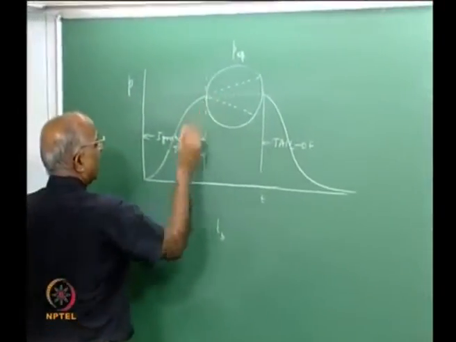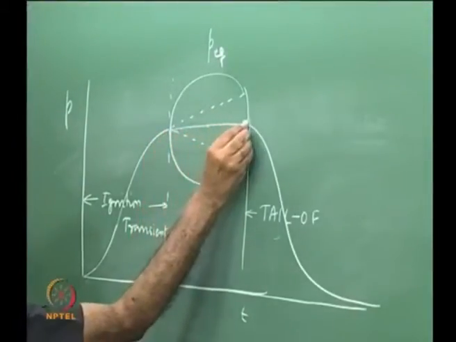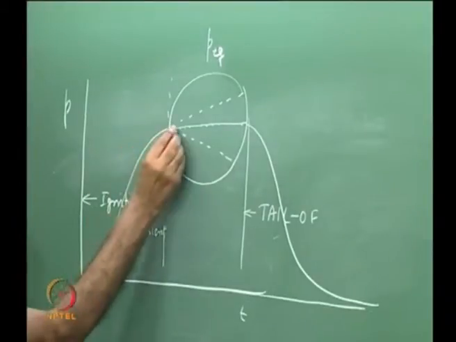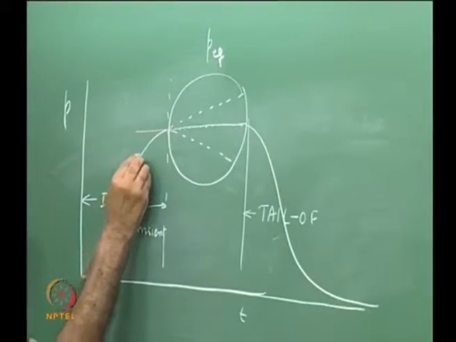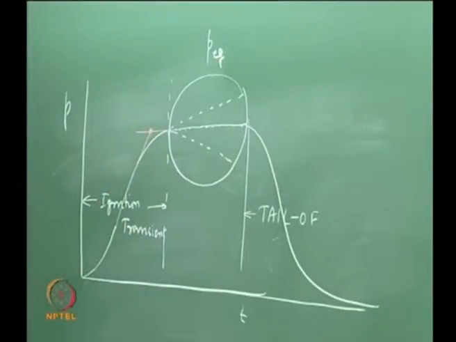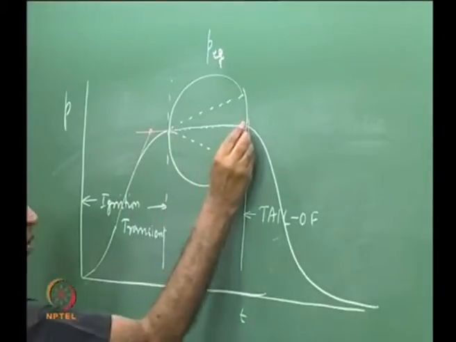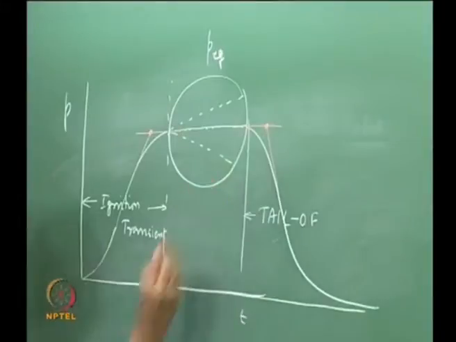Let us consider the case of neutral burning. What I do is plot a tangent to this particular curve over here, and I get a point. Similarly, over here I plot a tangent and get a point.